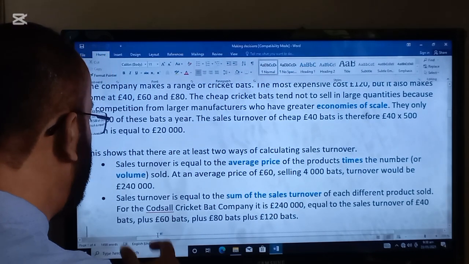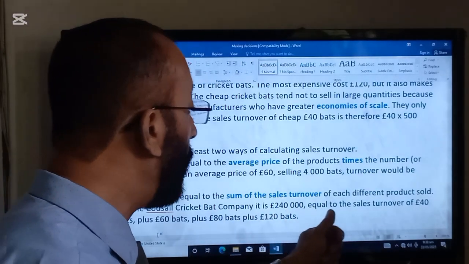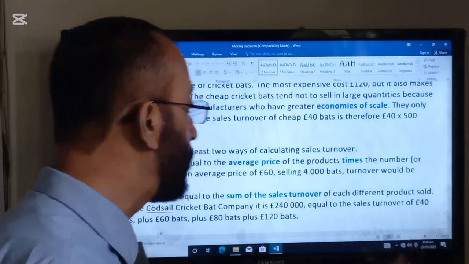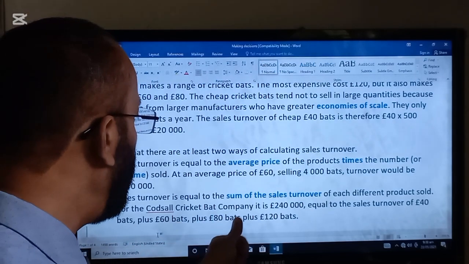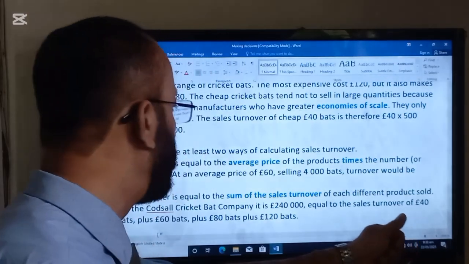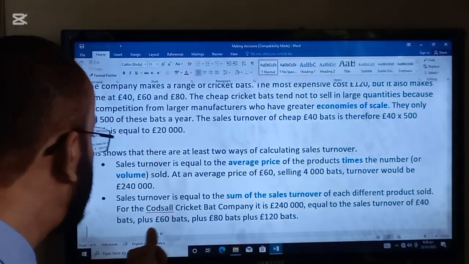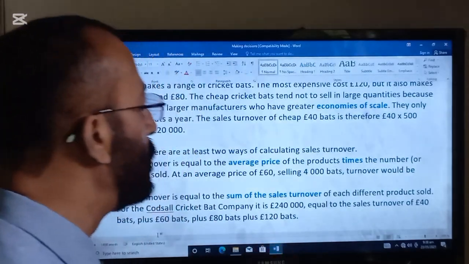The second method is that sales turnover is equal to the sum of the sales turnover of each different product sold. For the Cotsell Cricket Bat Company, it is 240,000 pounds, equal to the sales turnover of the 40-pound bats plus 60-pound bats plus 80-pound bats plus 120-pound bats.